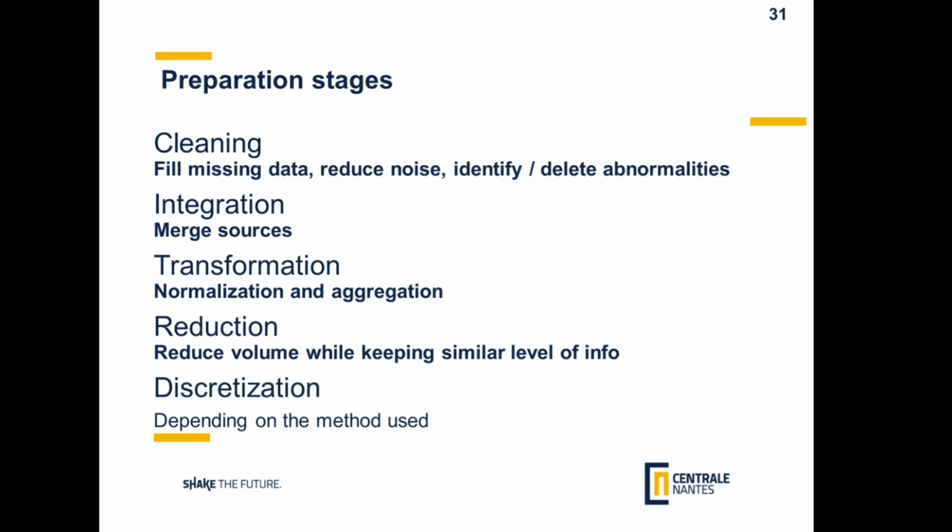So the preparation stages are as stated here. First you have to clean, integrate, make sure that it's aligned, transform the data to normalize and aggregate. Normalization is of major importance when you are using data mining algorithms using distance.